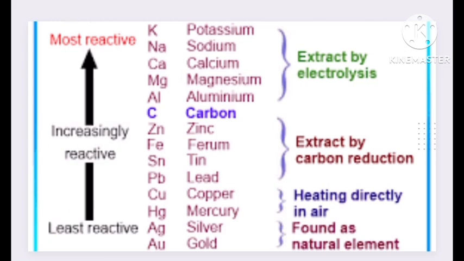A column has been made. It is very easy to learn this reactivity series of metals. For example, I have decoded it with the symbols of elements. Potassium is written as K, sodium is written as Na, and calcium, magnesium, aluminium are written with symbol CaMgAl.